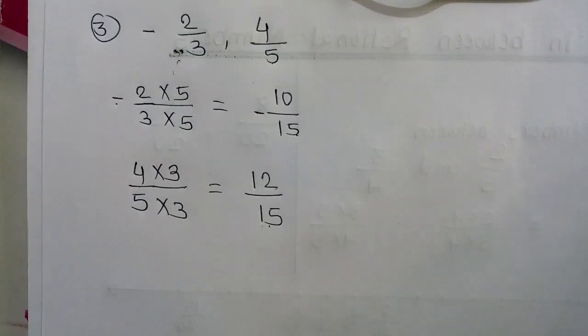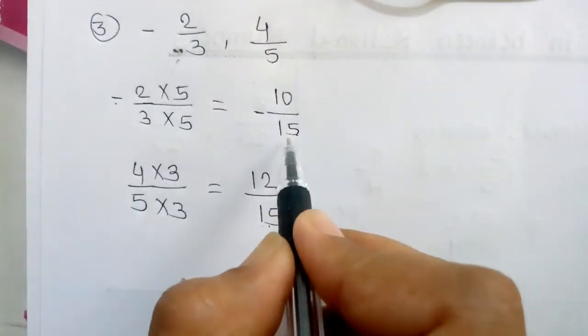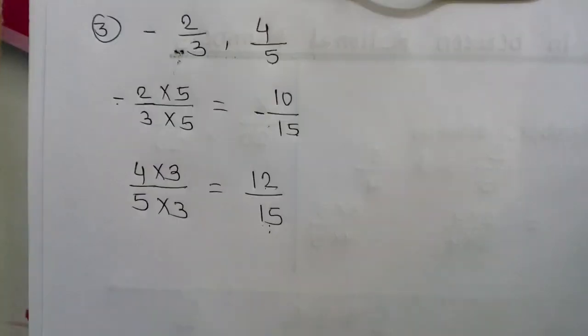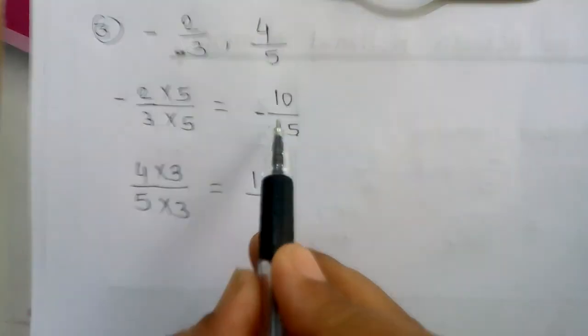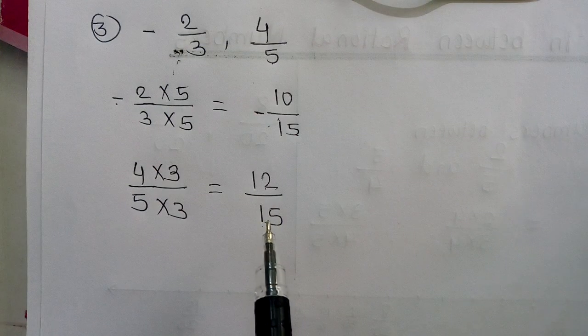Now we can tell fractions between these two. Here it is negative 10 upon 15, and here 12 upon 15. One is a minus sign, meaning a negative rational number, and this is a positive rational number. So many fractions are there between these two, and we can tell any three.